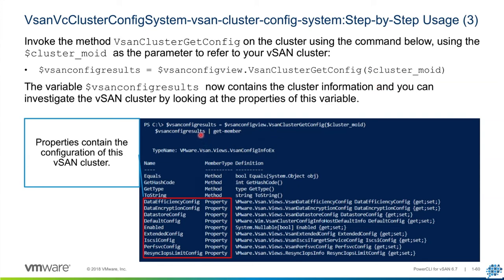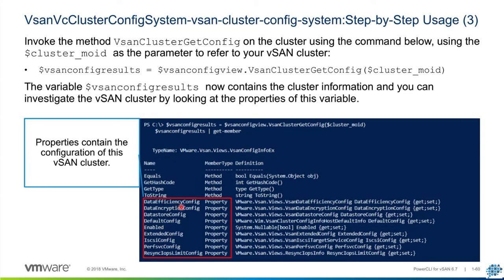So what happens now is that my entire information about the cluster is stored in a variable called vSAN config results. So vSAN config results is the final output which I want, in which I have all the information I need. If I do vSAN config results piped to Get-Member, it will show me the methods and properties of that variable. If you see, it has all the properties related to the vSAN cluster.